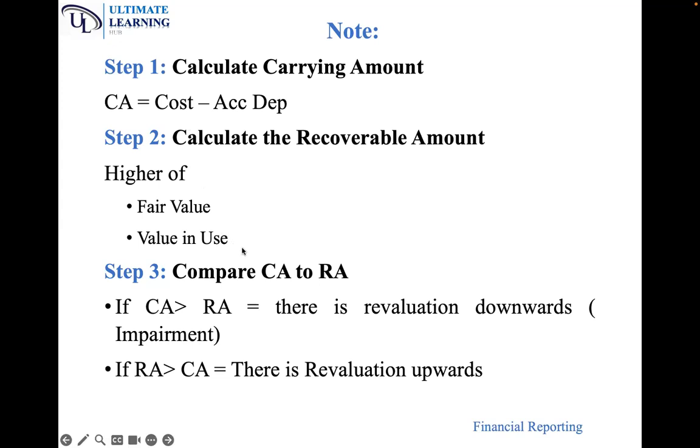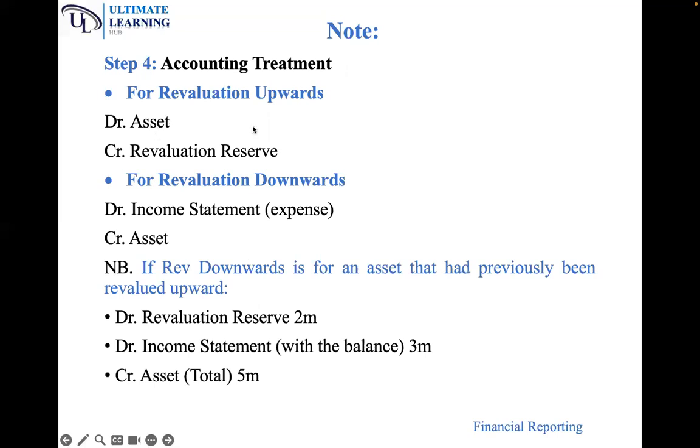Now, step number 4. Step number 4, accounting treatment. Remember in step number 3, we have said it can either be a revaluation surplus or a revaluation deficit. Now, accounting treatment, how do we treat surplus? Surplus is also known as upwards. So surplus, you debit asset and you credit revaluation reserve. The asset value will increase if there is revaluation upwards, and the revaluation reserve will also increase.